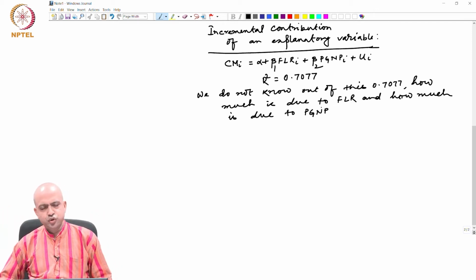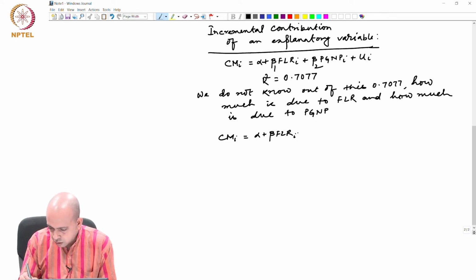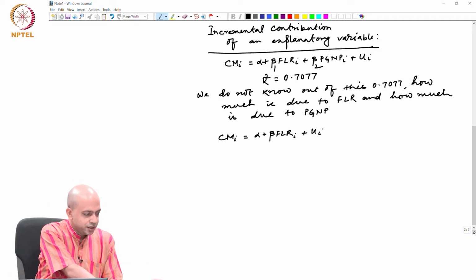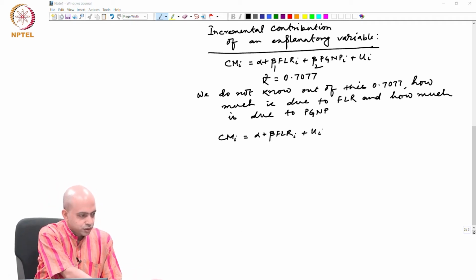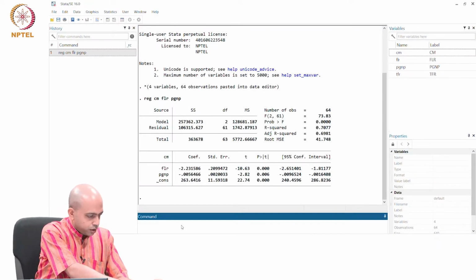Okay. Now, suppose we are including the variables sequentially. So, that means first we will estimate CM equals alpha plus beta 1 FLR plus u. This is the model. So, we will run this model and then we will note down the R square.